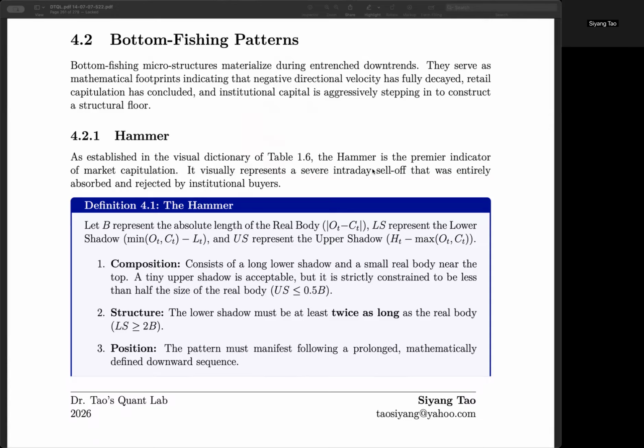They appear during established downtrends and signal that bear momentum has completely exhausted itself. The sellers have capitulated and massive institutional capital has stepped in to establish a concrete floor. And no pattern visualizes this capitulation better than the hammer.